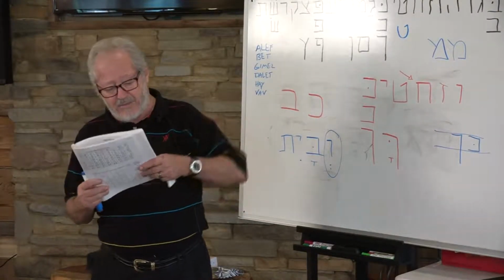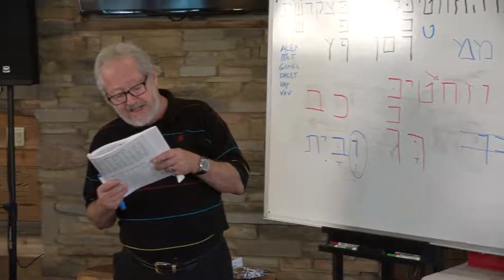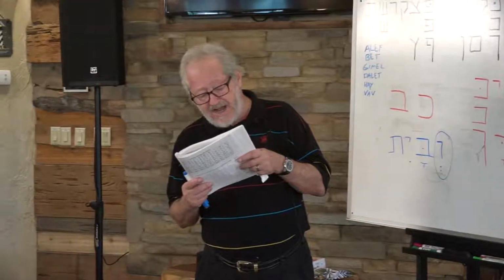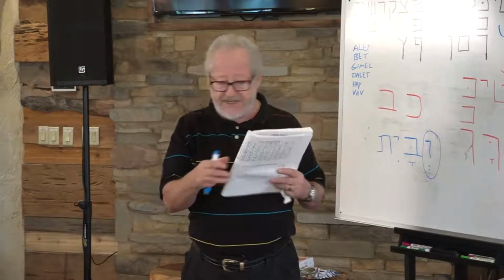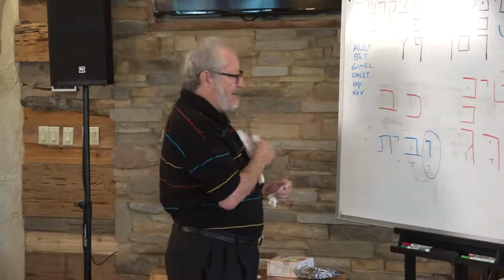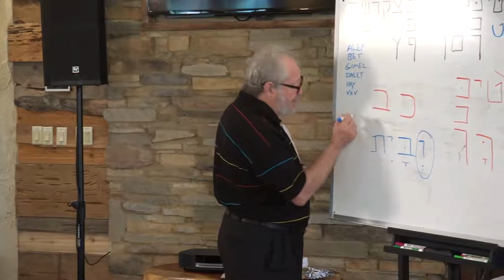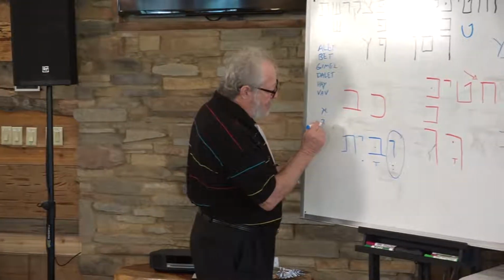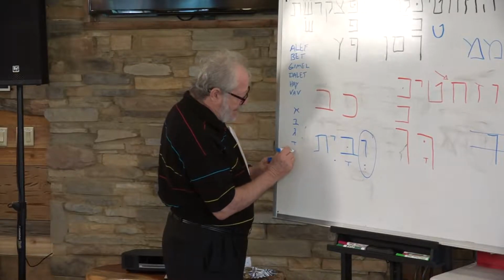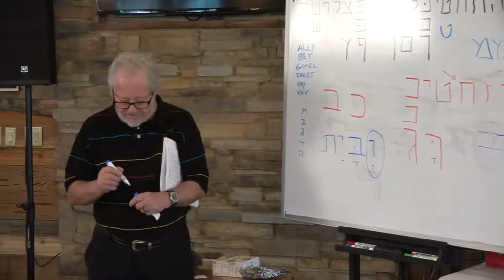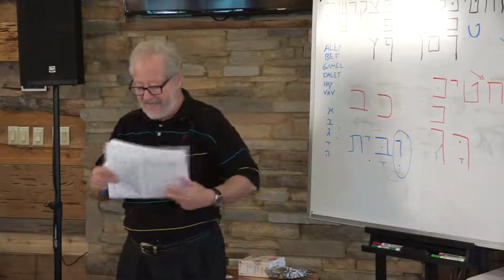Exercise is the second one below it. Write the first 11 letters of the alphabet in Hebrew. Each box. Okay? And that's easy because you don't have to spell them out like we just read. You just do this. Aleph, Bet, Gimel, Daled, Hey, etc. That's the exercise on that.